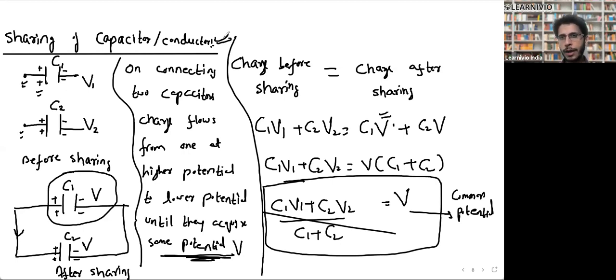Whether you share two capacitors or two conductors, the physics is the same. When you share two conductors, again charge will flow from the conductor at higher potential to the one at lower potential until they acquire the same potential. So the sharing of two capacitors or two conductors is the same. Just note it down and tell me once you have written this.